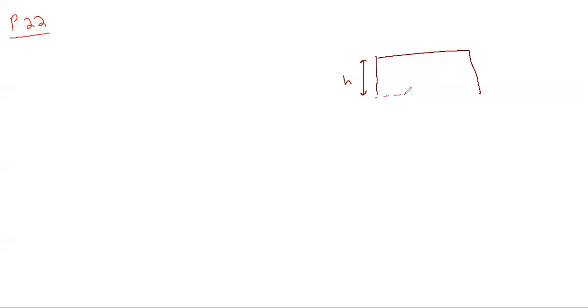This is the surface of the floor, and at this point we have a ball, and this ball is traveling in some forward direction with some initial velocity v, and it hits the floor at this point.